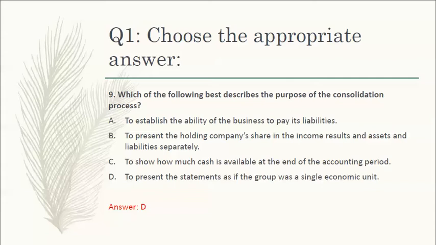Third choice, to show how much cash is available at the end of the accounting period. Fourth choice, to present the statement as if the group was a single economic unit. The answer here is D. So, the best description for the purpose of the consolidation process is to present the statement as if the group was a single economic unit.